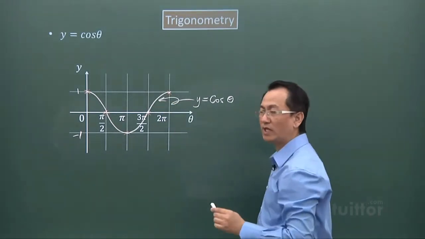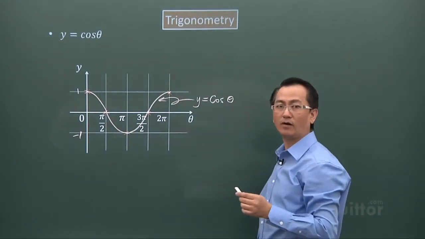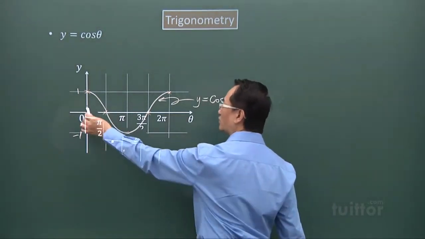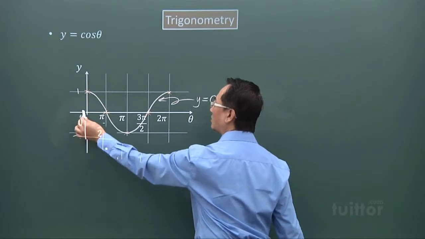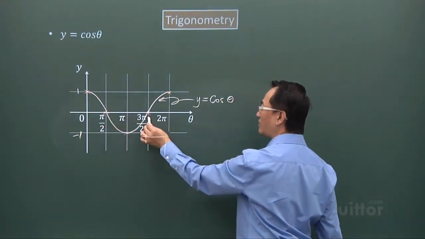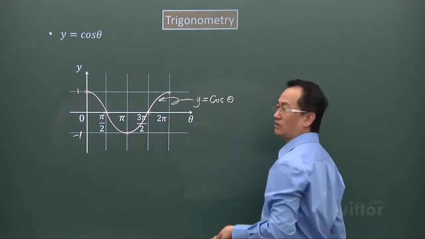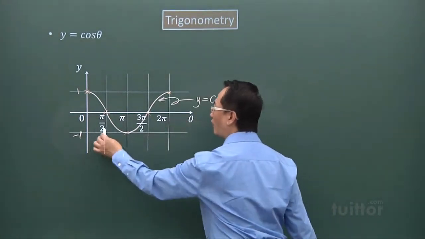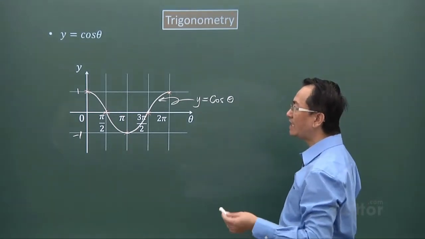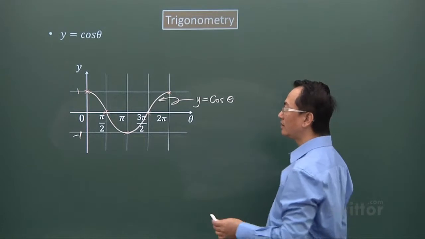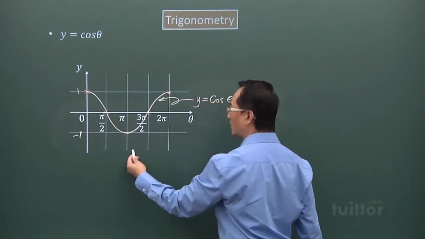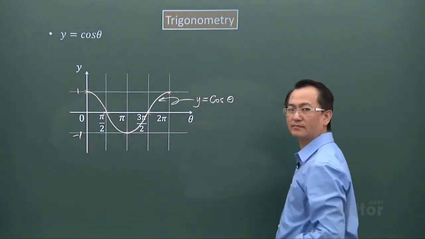It is important when you draw or even sketch trigonometric graphs to have 4 parts: 0 to pi on 2, then to pi, then to 3 pi on 2, then to 2 pi. There are 4 parts that you have to consider. Of course, if you link it back to the quadrants, this will be your 1st quadrant, 2nd quadrant, 3rd and 4th quadrant.